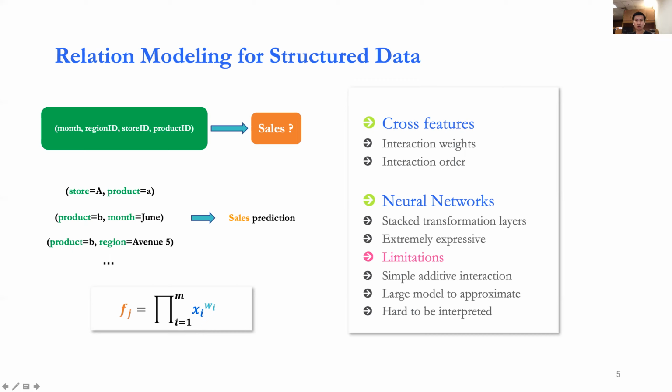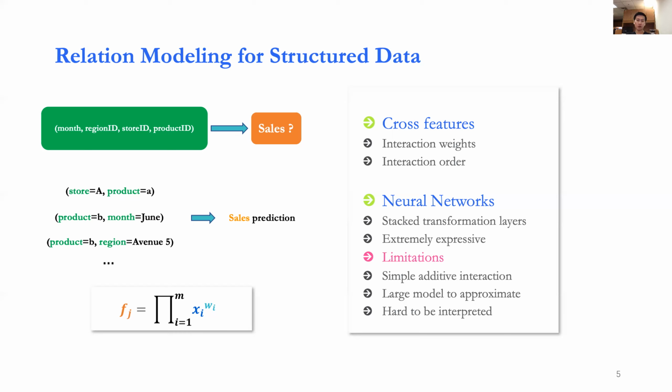Neural networks. So we know that neural networks are universal approximators, and theoretically, a single layer neural network is able to approximate any continuous function given enough data and capacity. However, being able to approximate something is not the same as being able to represent it.